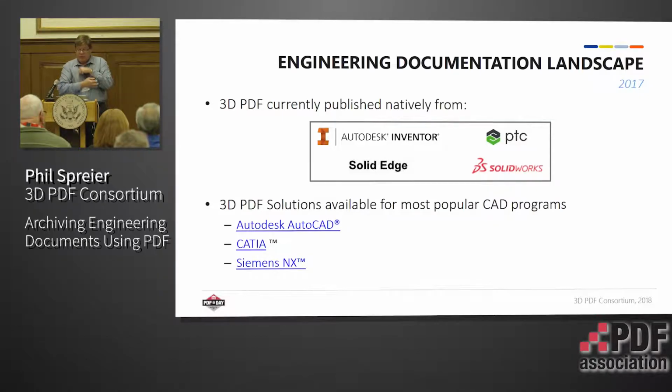But if I used Solid Edge, I get all that information in my file, right? So each one can create a PDF, but not all 3D PDFs are created equal. In addition to having these four CAD packages that put out PDF natively, we also have a number of CAD plugins. So virtually from any CAD software, you can get to a 3D PDF.